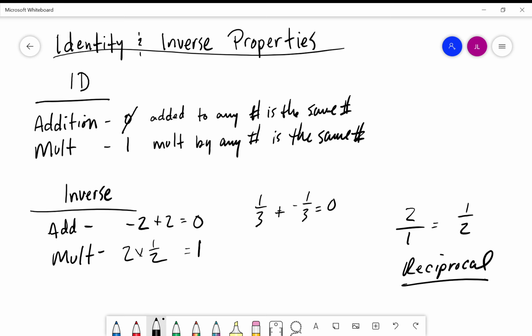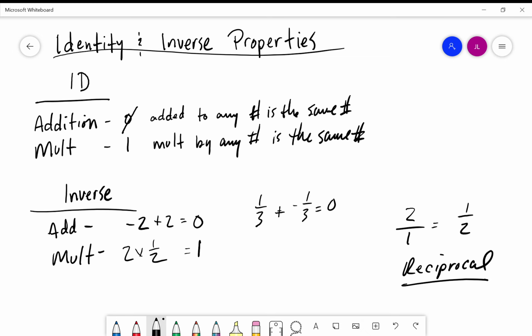So the multiplicative inverse property just states that we're going to multiply a number by its reciprocal, the number as a fraction flipped over, to reach a result of 1. And with addition, the inverse property means that we're going to either add a negative to a positive to achieve a result of 0, or a positive to a negative to achieve a result of 0.